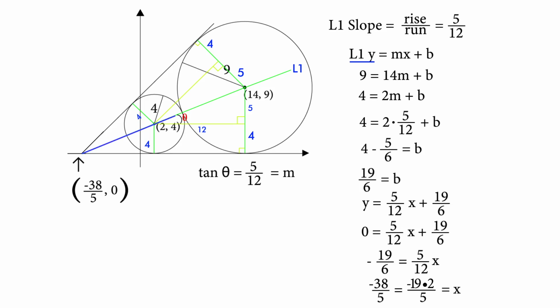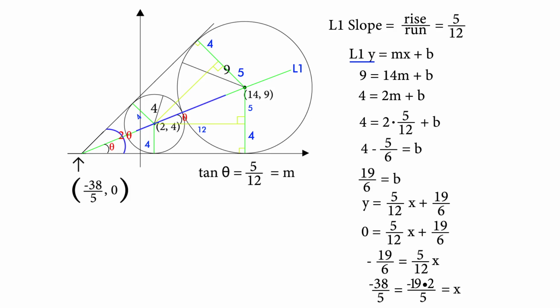And if you were to look at this diagram, if that is theta, this is also theta right here. Okay? And this angle, theta, is essentially half of that angle right there. So that is 2 theta.